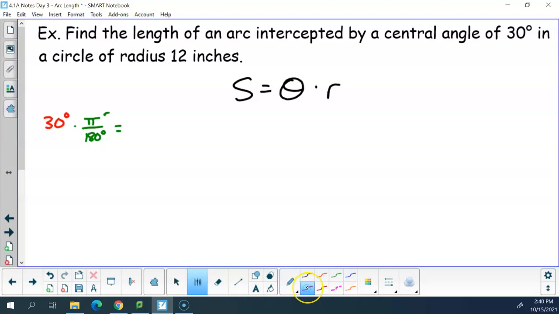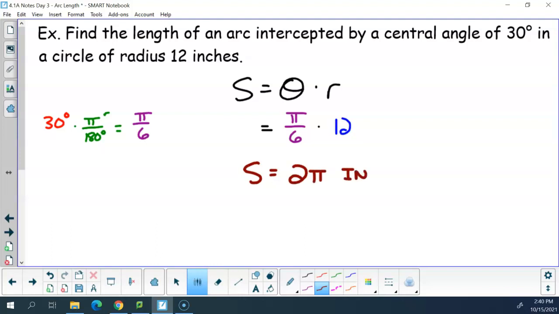Pi over 6. Okay, my radius is 12. So then that's going to leave me with my arc length is 2 pi inches, right?